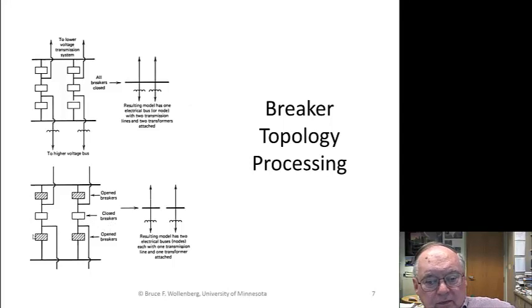If I open the 2 breakers on the end, I end up with 2 separate buses like this. This transformer is connected to this line, this one's connected to this line. So I have to know now that I've split the bus. We call this roughly topology processing, meaning what's connected to what inside the substation.